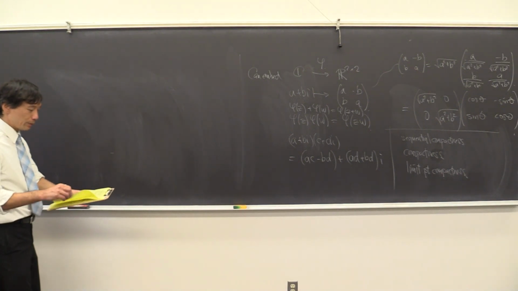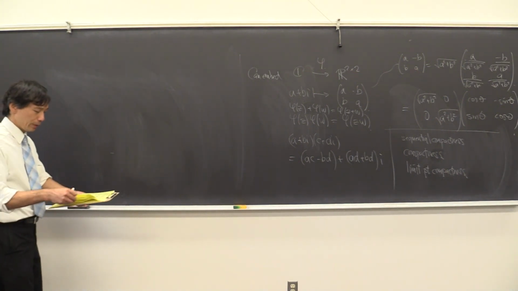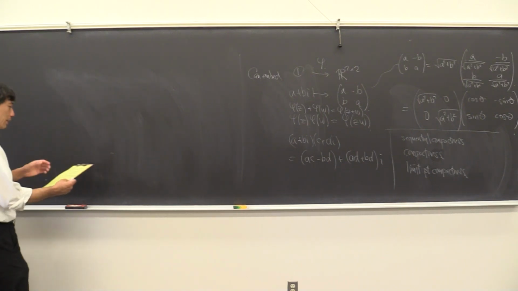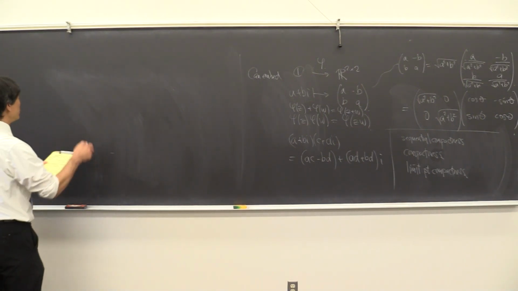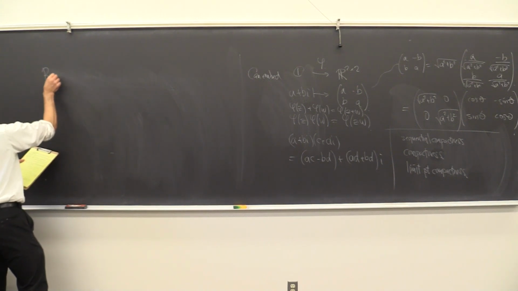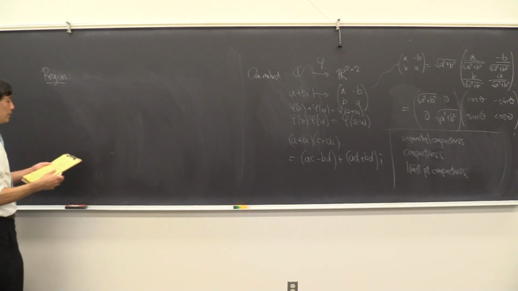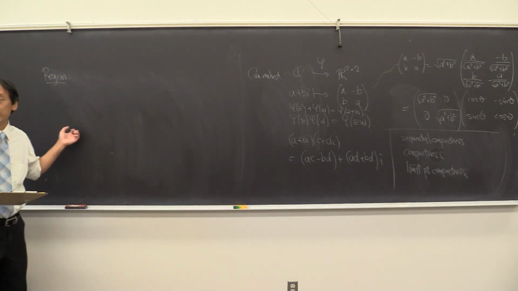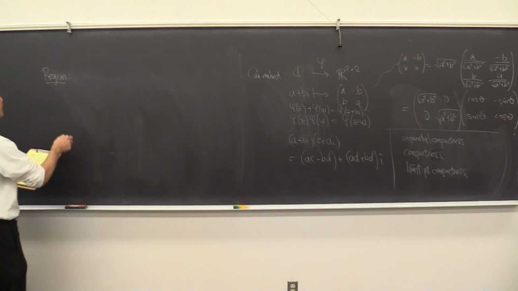Now we sort of get back to the review. I'm not going to cover everything. The first thing that we're going to talk about is this thing called a region. A lot of the theorems that we're going to deal with are defined on regions.